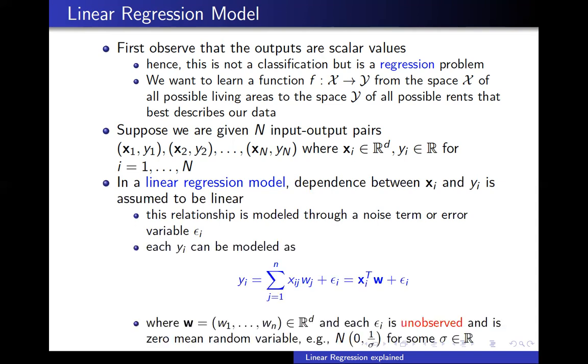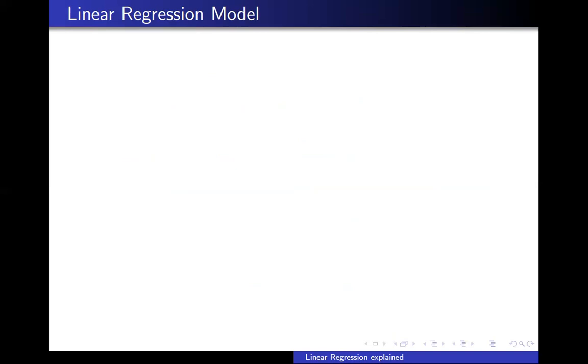For the ith data point in your training set, yi is a linear combination of all the features of the data point xi, along with epsilon i, an unobserved error, which is typically a Gaussian or normal distribution with mean 0 and variance sigma squared, for some scalar sigma.